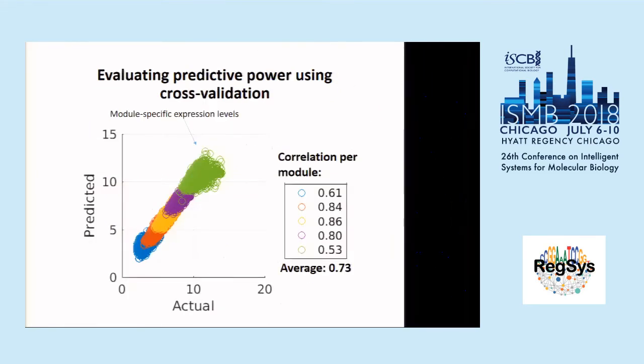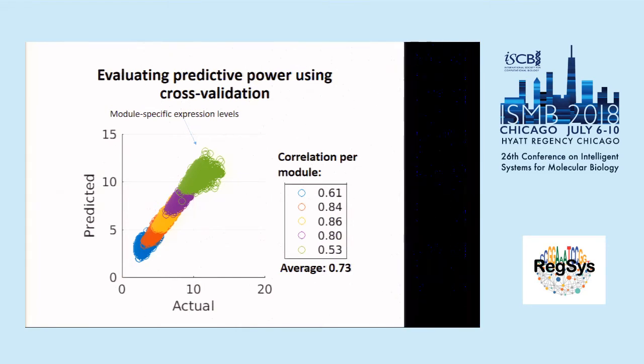We evaluate DRMNs by their ability to predict held-aside gene expression. So in this scatter plot, each of the dots is a gene, and the color is its predicted module assignment. In this result, we have 5 different modules in the DRMN. The x-axis is the actual gene expression, and the y-axis is the predicted gene expression.